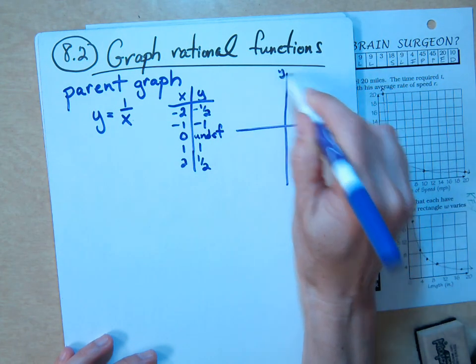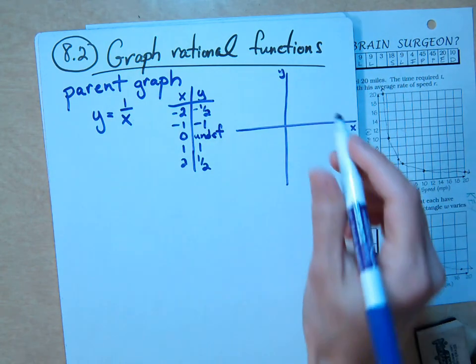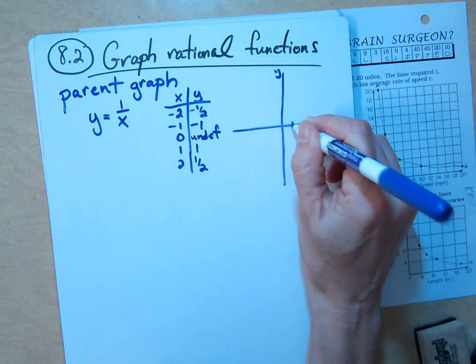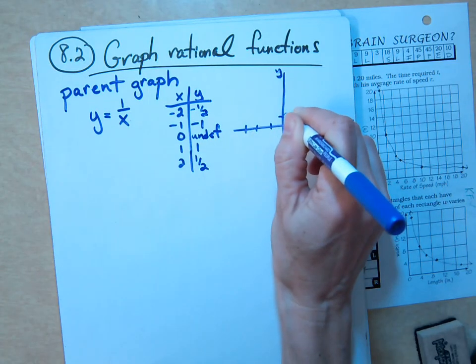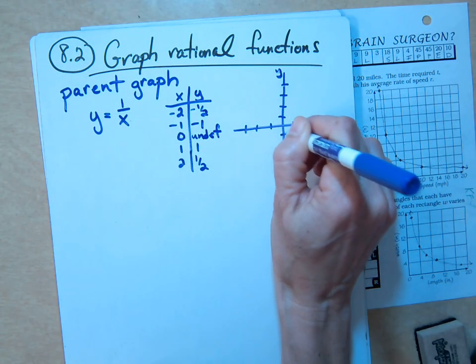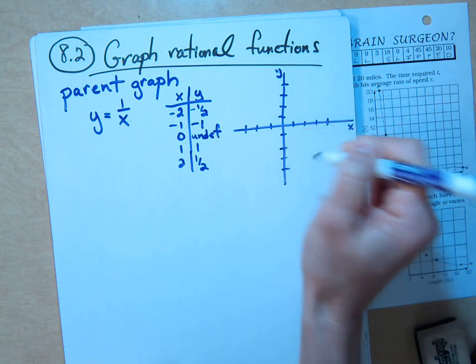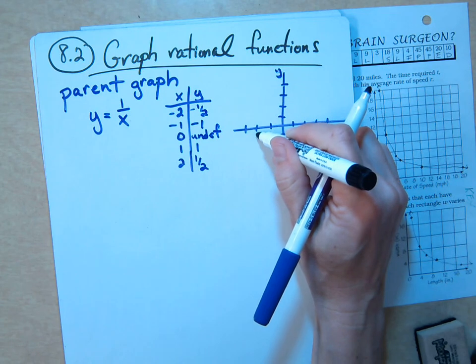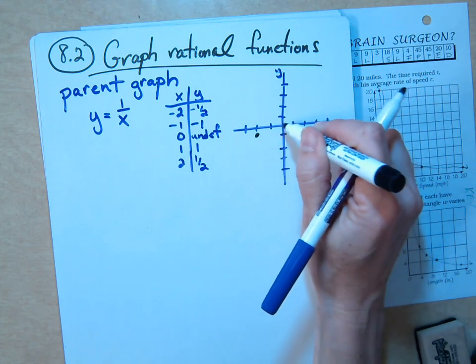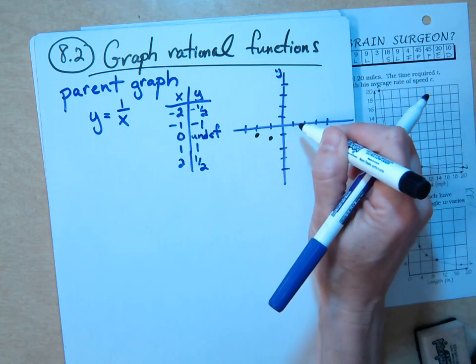Okay, so let's start plotting these points. X and Y axis, and we'll make some tick marks here, equally spaced. Okay, so let's plot some points. Negative 2, negative 1/2 is about right there. Negative 1, negative 1 is about right there.